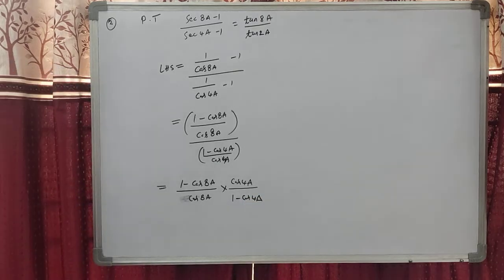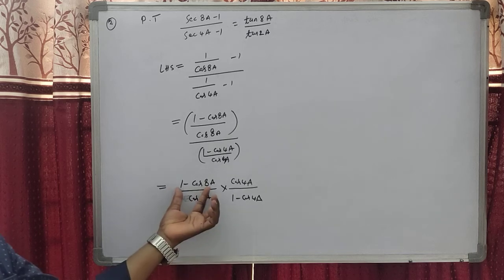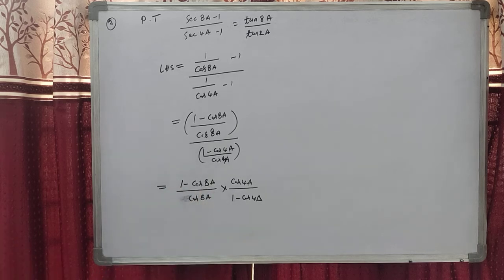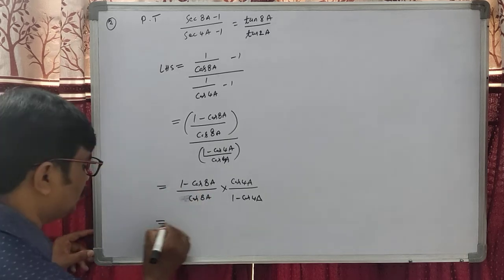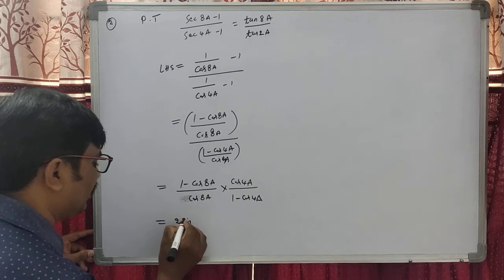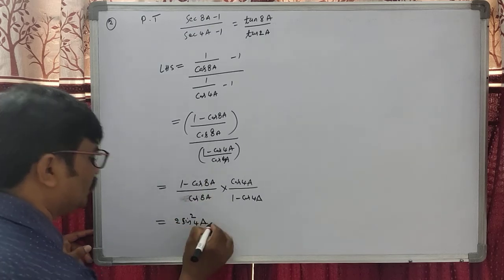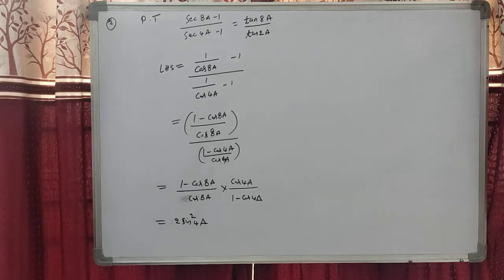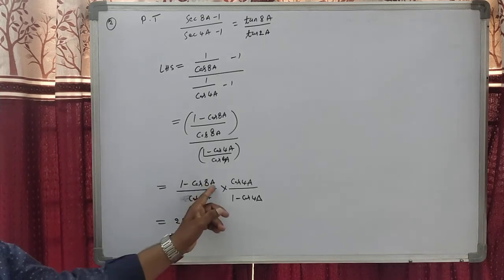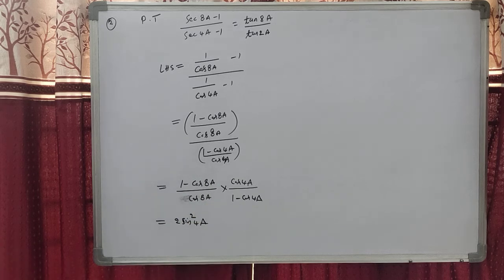My dear students, how can you write 1 minus cos 8a? We know this is 2 sin square of 8a by 2, that is 4a.